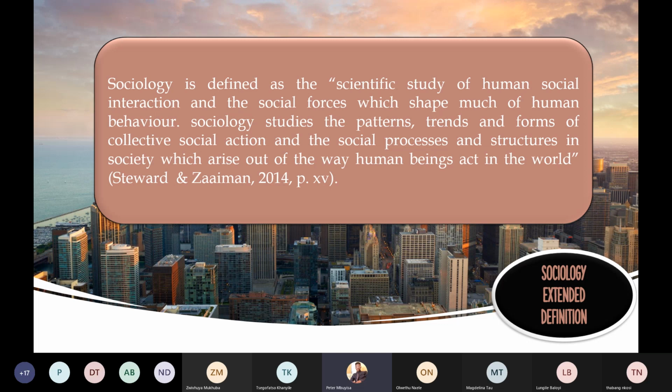So it's you giving us a thorough description of whatever you study. To break it down, the first part says sociology is defined as the scientific study. What do we mean by it being a scientific study? We are saying that this set of knowledge is obtained by the use of specific methodologies. And what methodologies are those?